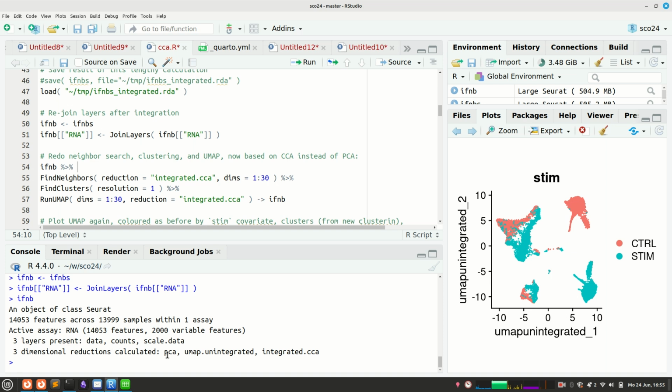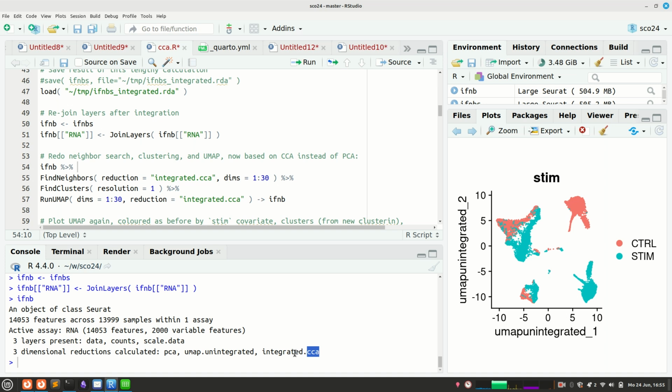It now has several reductions. It has the PCA reduction that we used before, and now it has the CCA reduction, which is the reduction formed by these things here. So this is the CCA reduction for one, and this is the CCA reduction for the other.